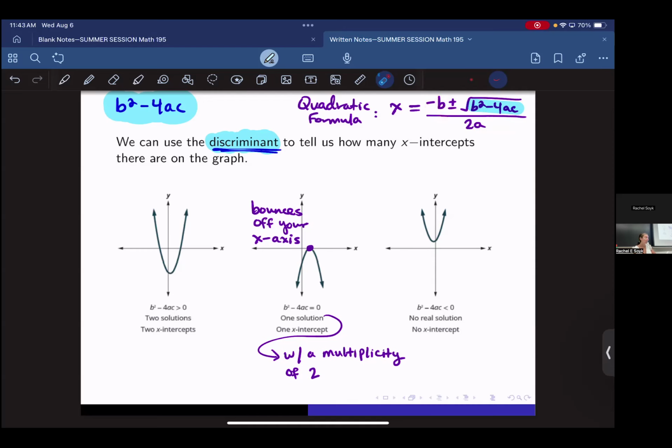That's going to give us two different solutions, two distinct real solutions, which means you're going to end up hitting that x-axis in two different locations. So anytime your b squared minus 4ac is greater than 0, you're going to have some value here that when you compute this with that plus or minus, you get two distinct solutions, aka two x-intercepts.